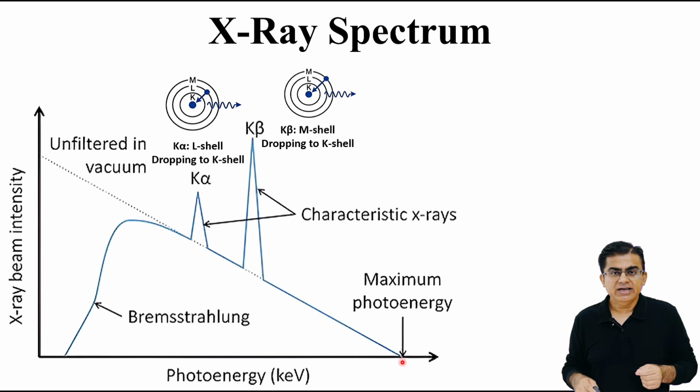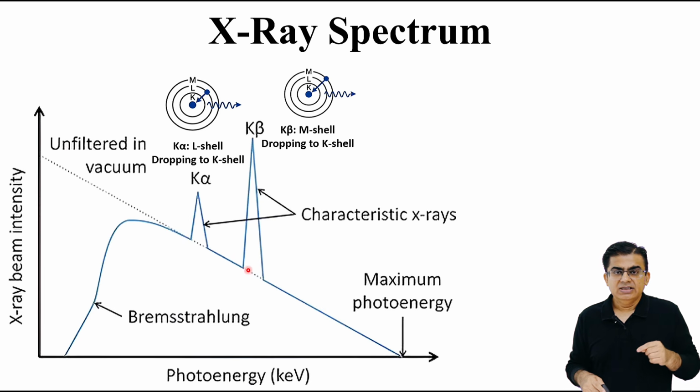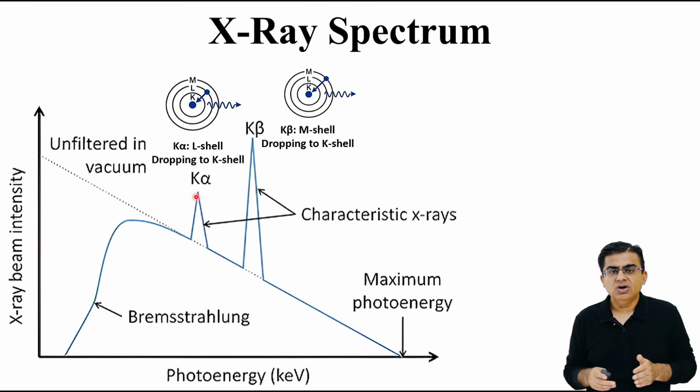Look very closely at those sharp vertical lines. These exact spikes represent characteristic X-ray photons. Unlike Bremsstrahlung, these photons do not have a wide range of random energies. They are created only at highly specific and exact energy levels.